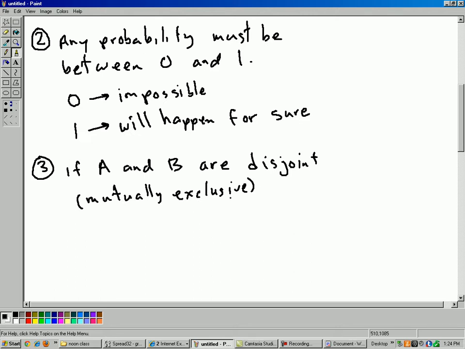That's what disjoint means. So if A and B are disjoint or mutually exclusive, then the probability of A or B happening is equal to the probability of A plus the probability of B.